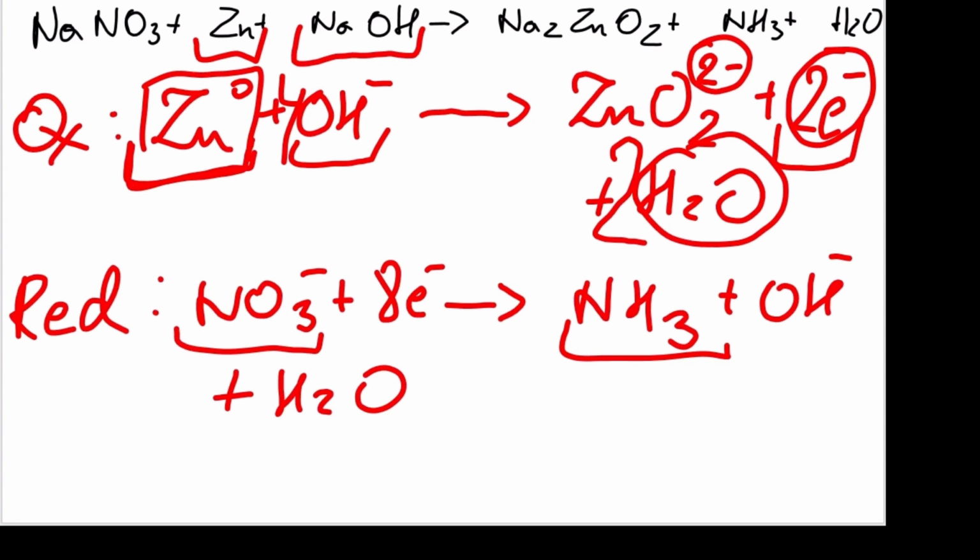the mass. Please be aware that in such situations, we can't change the coefficients of the particles where the atoms change their oxidation state. Because if we would like to put 2 here in front of this anion, we should also put this number in front of the ammonia.